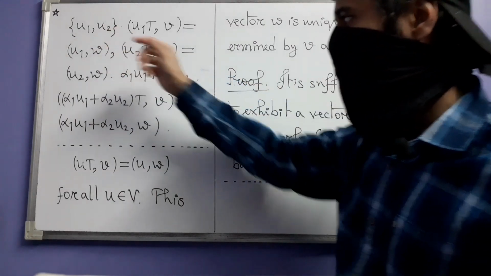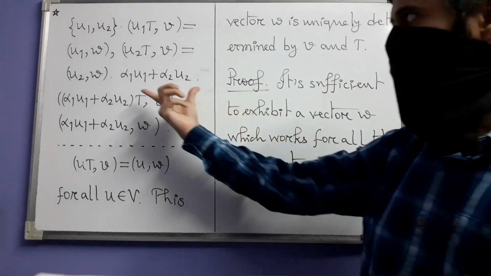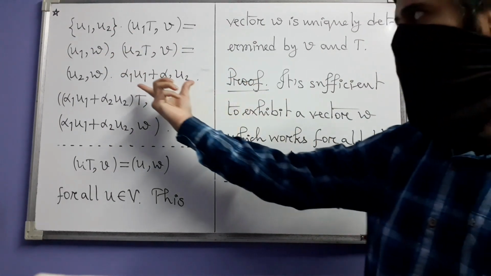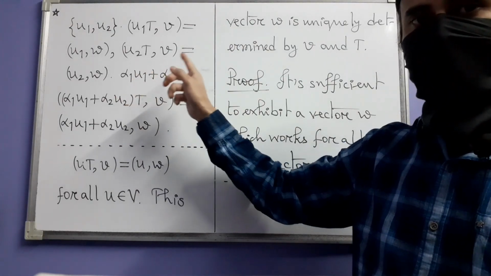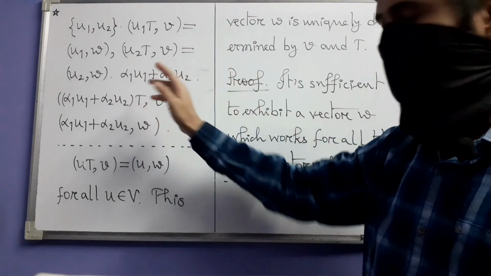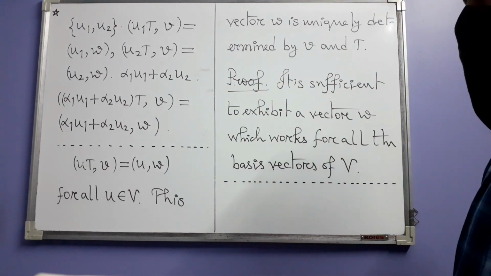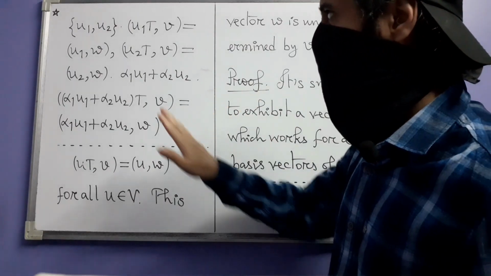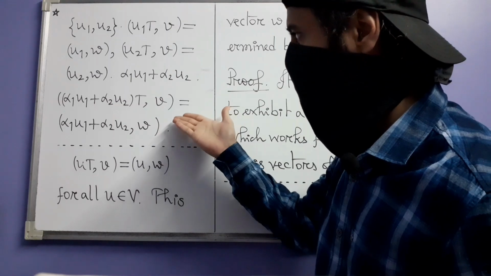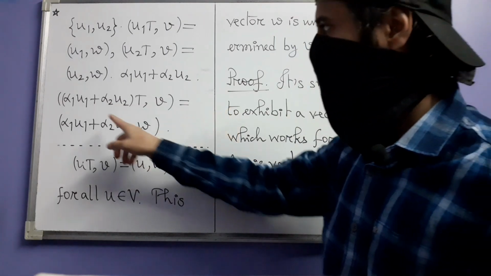Because this is a basis for our space V, any vector in this space is going to look like alpha 1 U1 plus alpha 2 U2, where alpha 1 and alpha 2 are scalars, complex numbers in general. Then using these two equations, this is what you get.